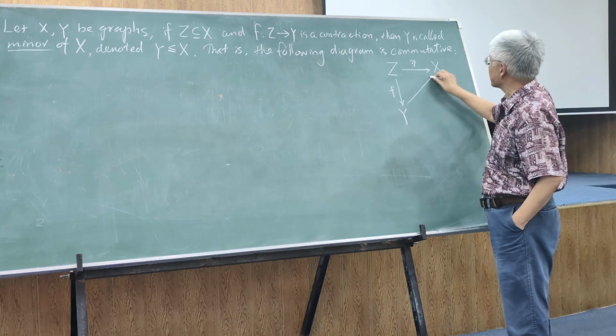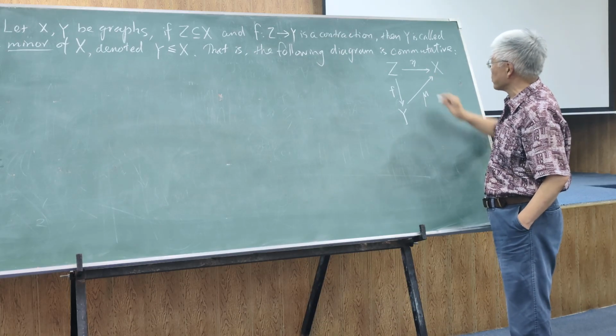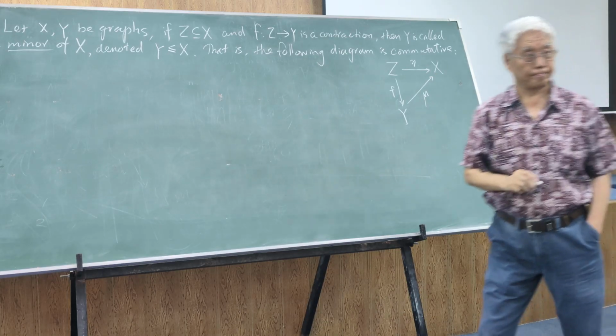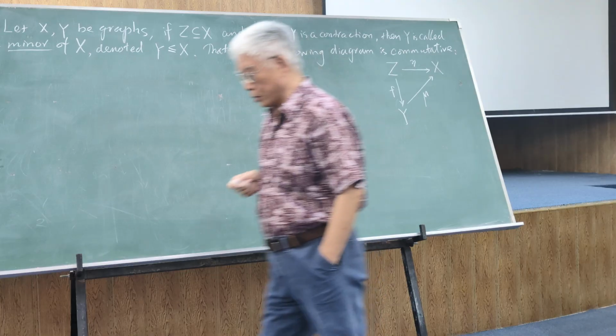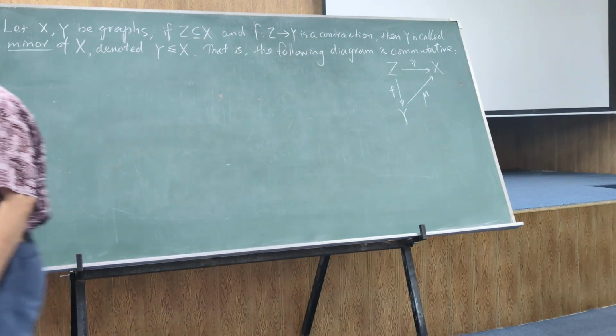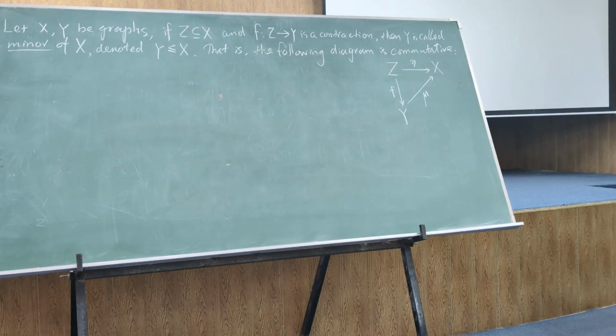Then there exists a minor inclusion mapping mu from Y to X. If this diagram is commutative in a symmetric sense, that each arrow is governed by an existential quantifier, then we immediately have a minor relation from Y to X. This understanding is extremely useful.